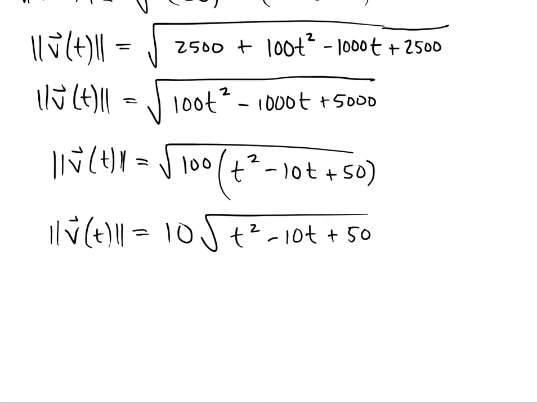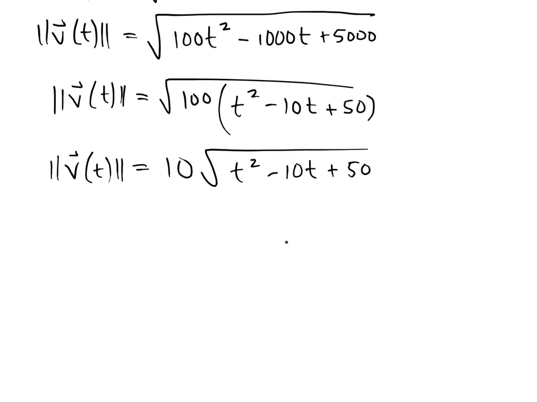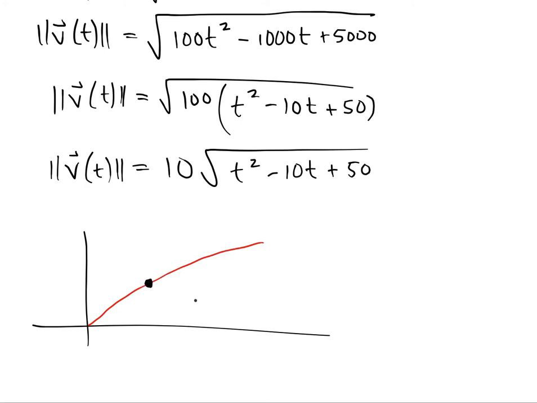Now, what do we have to do in order to find the arc length, and why is the speed important for that? The reason it's important is, you've got your projectile path. Take any one instant along the path. There's going to be a velocity vector.